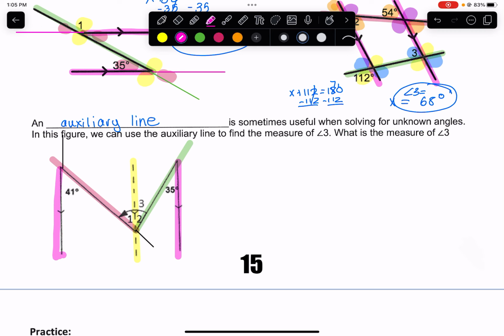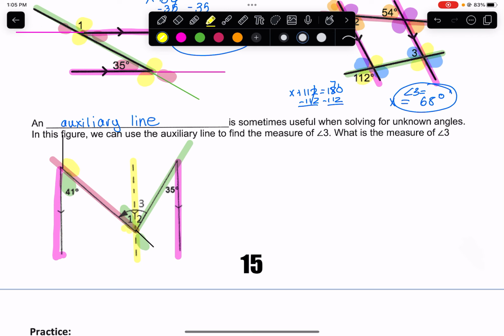And I can start marking up my diagram. And I'm only going to mark the ones that are kind of seen in my diagram right now.